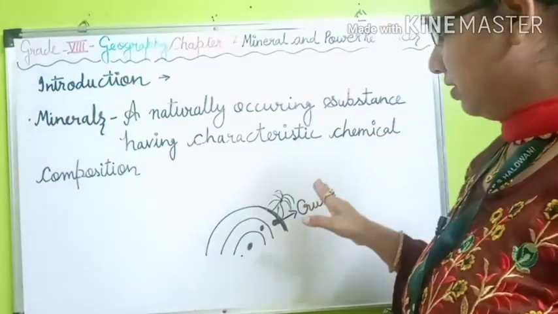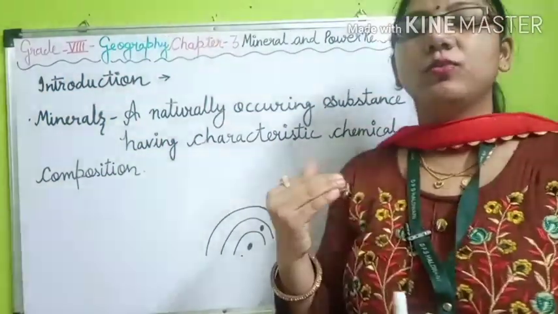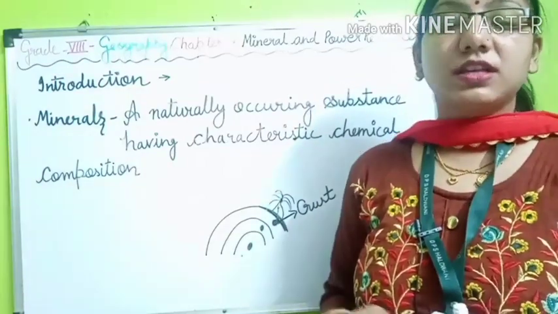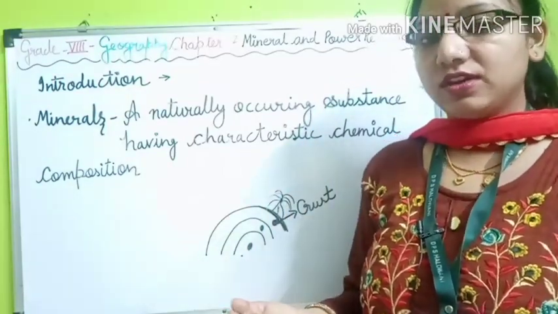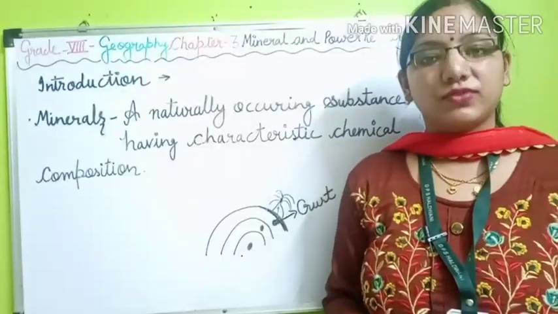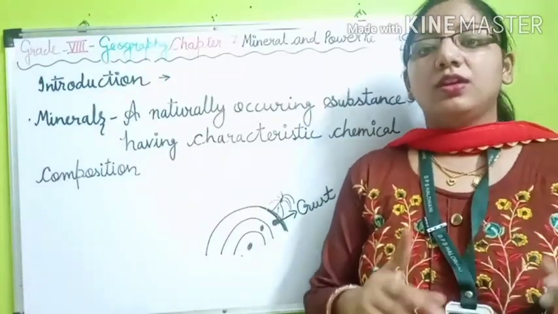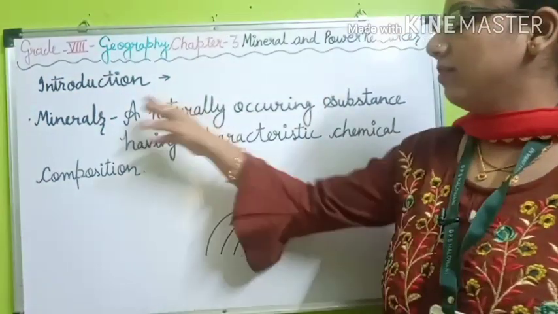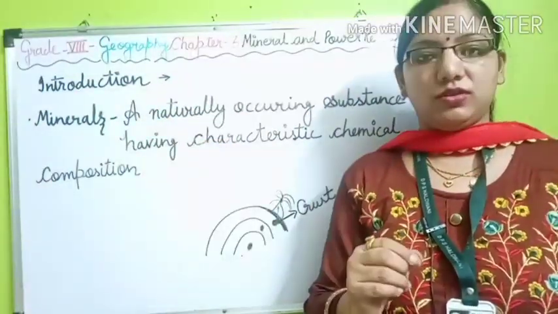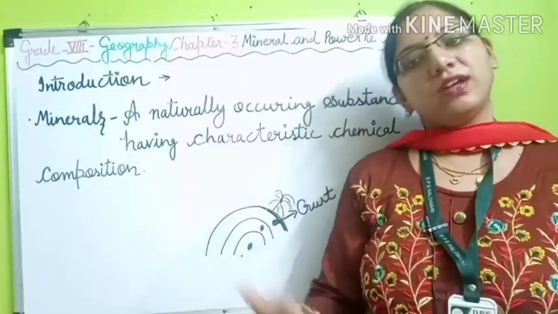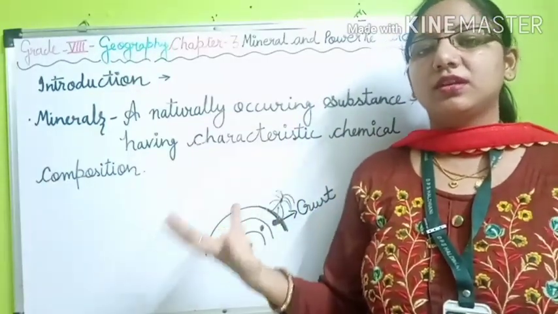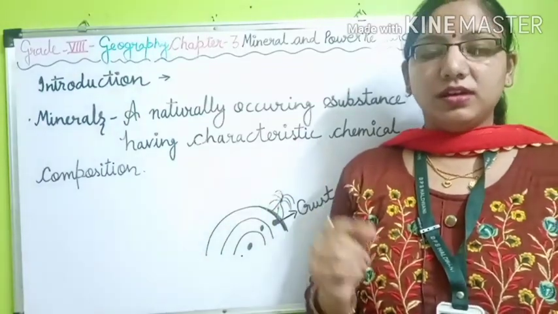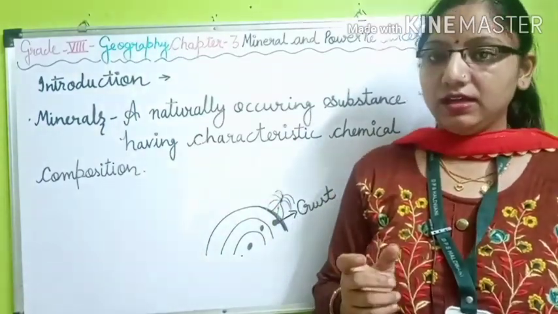As you studied in the first chapter, there are 3 types of resources: natural, human resources and human-made resources. So in which category do minerals come? In natural resources. When we modify them and make the things which we need, then it is known as a man-made resource. Getting it?